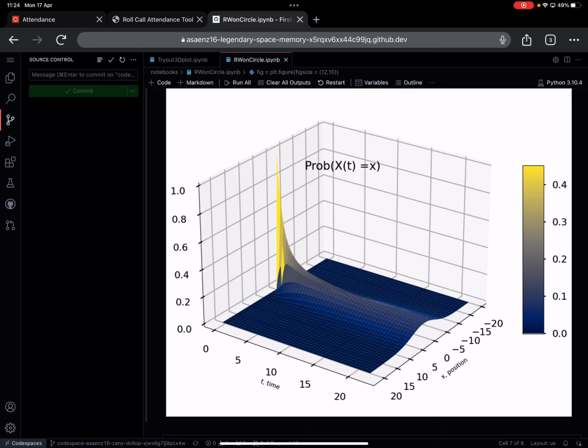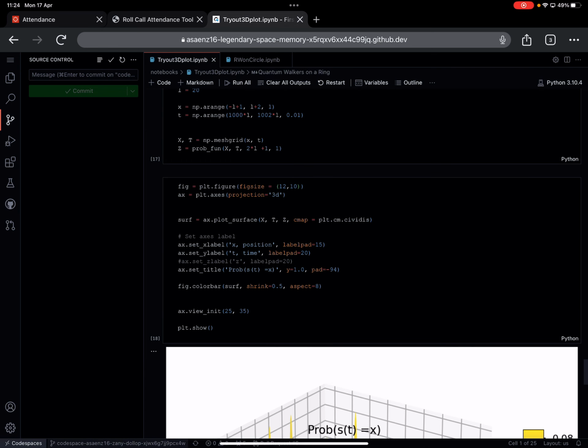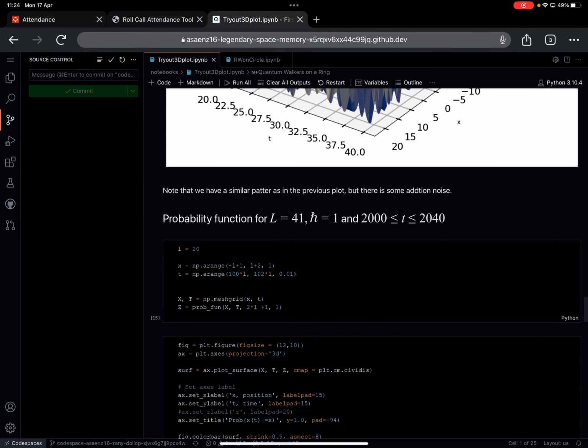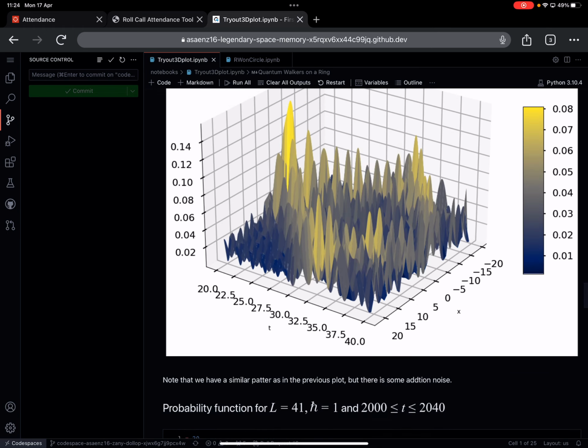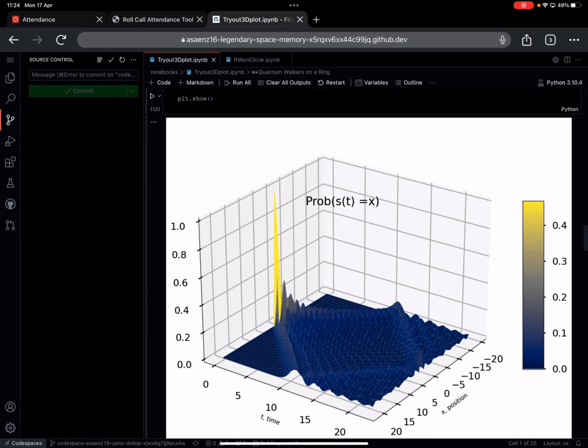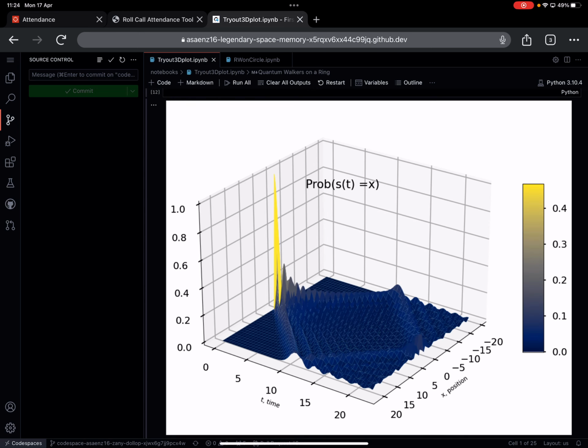probability function spreads out. So if you compare this one, especially at early times, you try to see how the probability function spreads out.